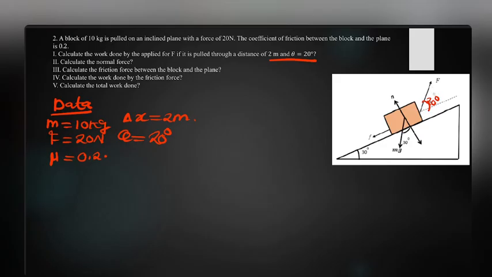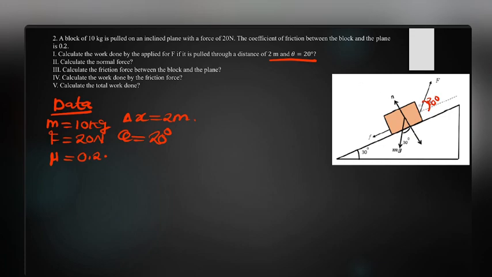Then remember, when you look at the block, it is placed on an inclined plane. So the angle of this inclined plane is 30 degrees. Since this is an inclined plane, even this block will be at an angle.